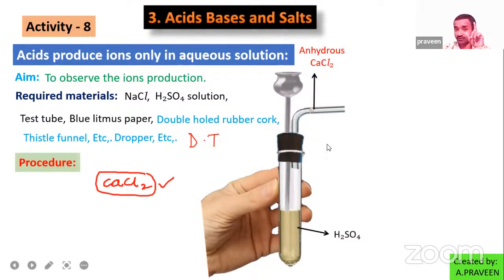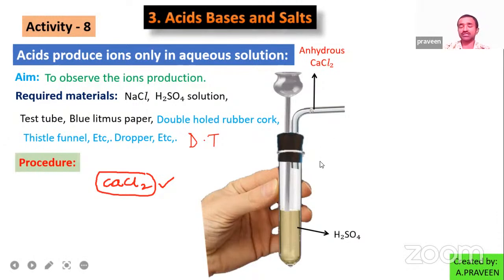What is the purpose of using anhydrous calcium chloride? To dry the gas. Make it dry. That gas passes through the delivery tube. In the delivery tube, we are using a special substance called anhydrous calcium chloride that absorbs the moisture from the air. So that's why it is called anhydrous, making dry, absorbing moisture from the gas. So it can absorb, then make it dry.